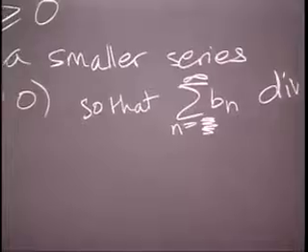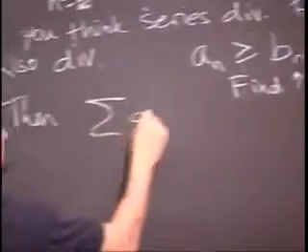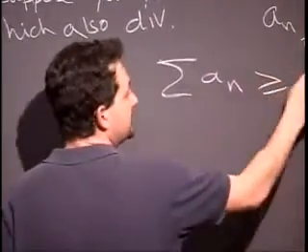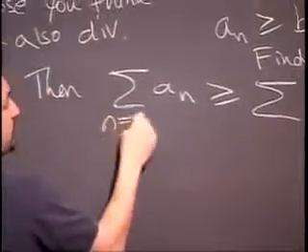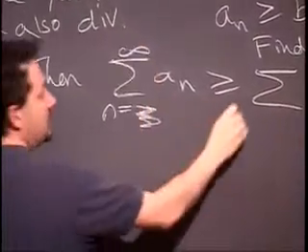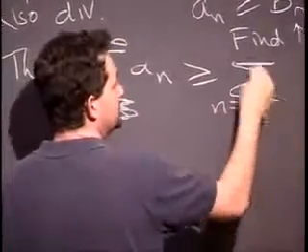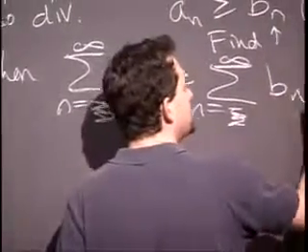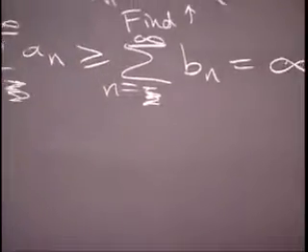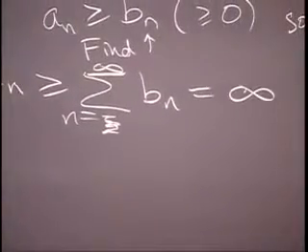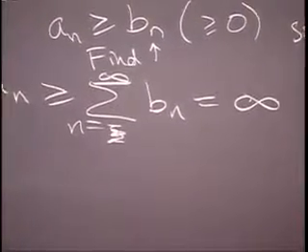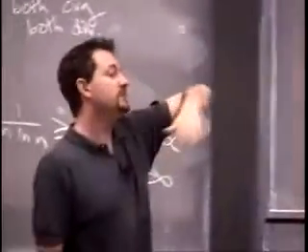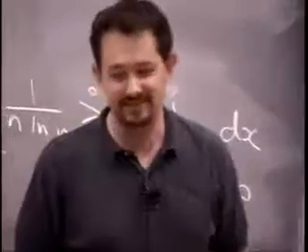Then the series that you want is bigger than your new series, which supposedly diverges. So you're adding up a whole lot of smaller things, still get infinity. You are then floating above infinity, which means you're also at infinity.